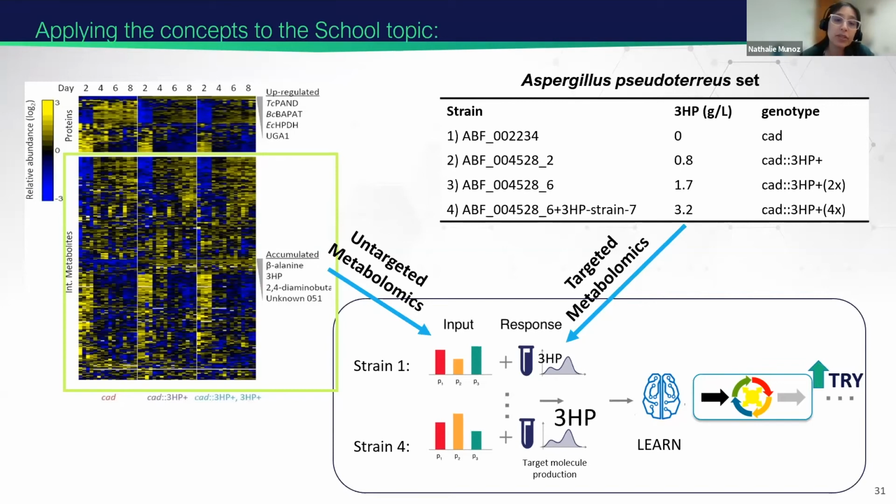An integration of this data with other data like proteomics can help new rounds in this design, build, test, learn cycle, and at the end lead us to higher TRY metrics, which are these titer, rate, and yield metrics.